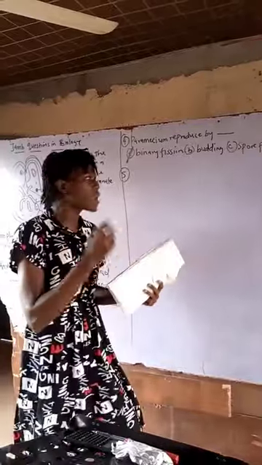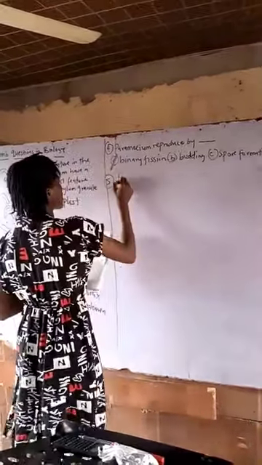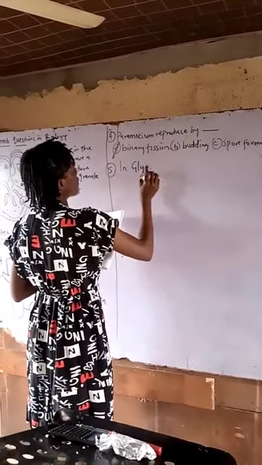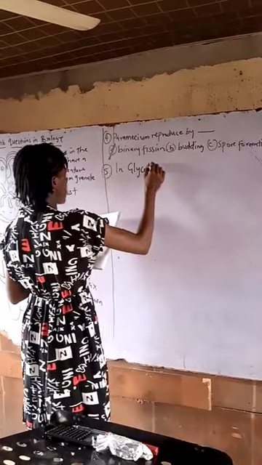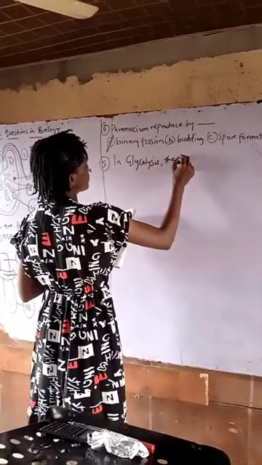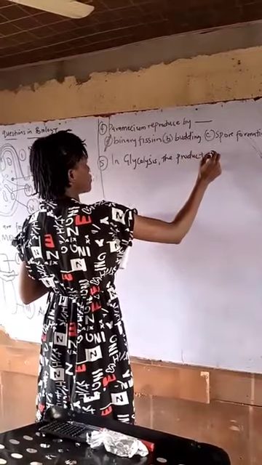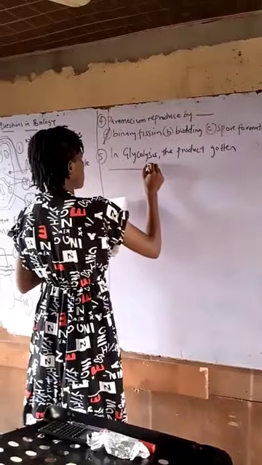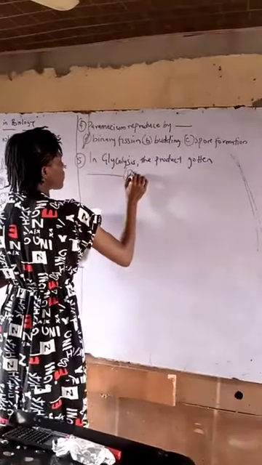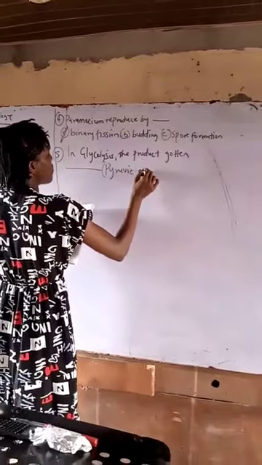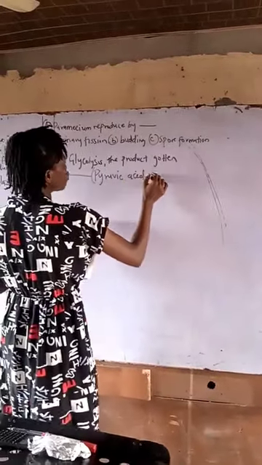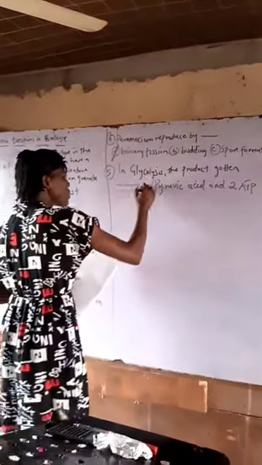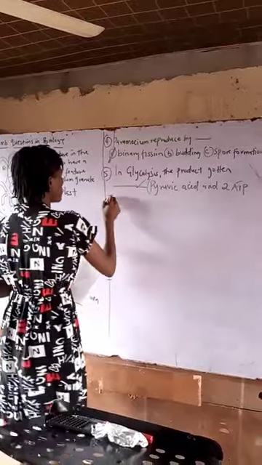Now they said in glycolysis, the product gotten is, I'm just going to give the answer, pyruvic acid and 2 ATP. This is the answer. Please take note.